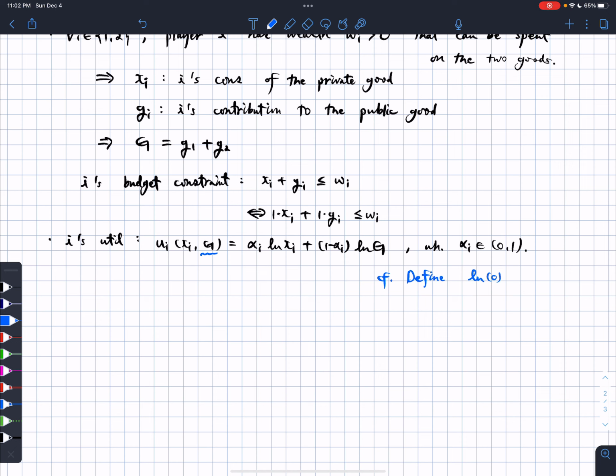Okay, and so now, as for the timing of the game, players 1 and 2 choose x_1 and g_1. So that's for player 1. And for player 2, x_2, g_2, they choose these pairs simultaneously.